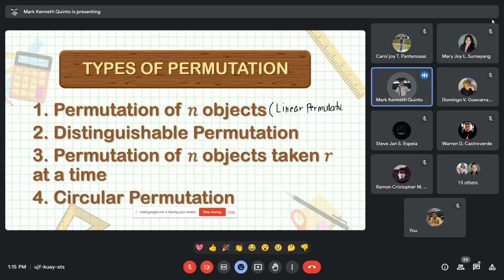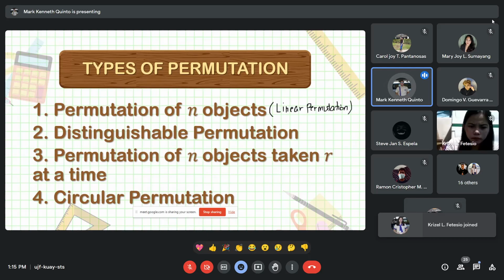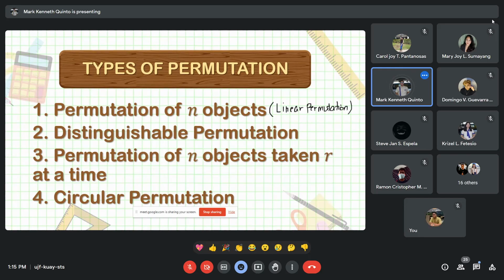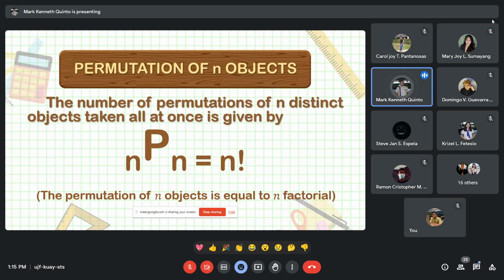Followed by the second one, which is the distinguishable permutation. The third one is the permutation of n objects taken r at a time. And number four is the circular permutation. Let's start first with the permutation of n objects, which, like I said earlier, is called the linear permutation.